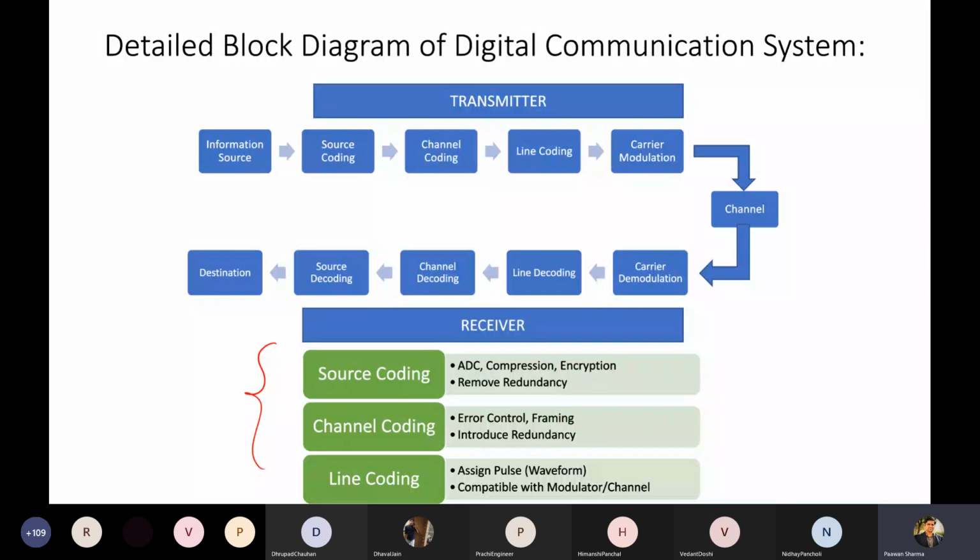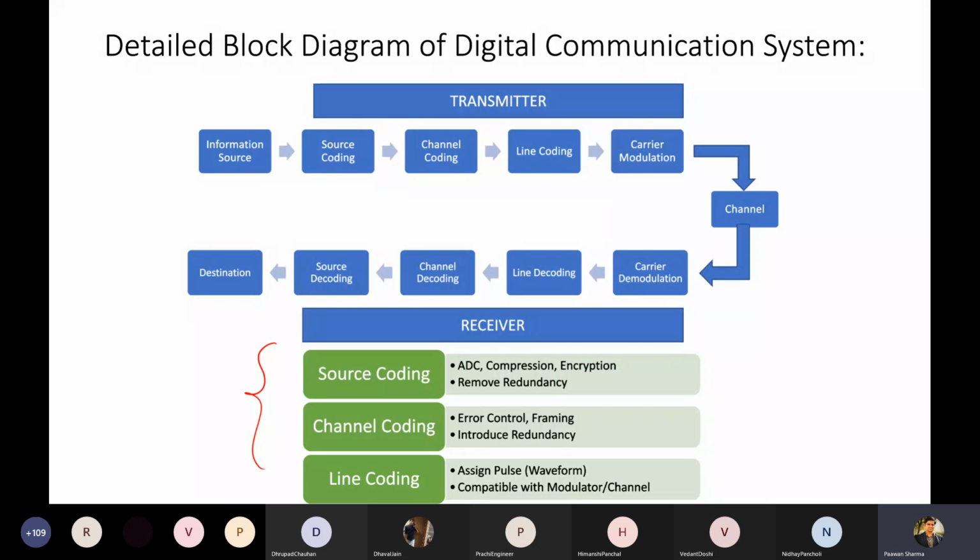Now introduction of redundancy means addition of redundant bits to your actual data. What will it do? The probability of error occurring on your actual data bits will be less. The probability of those redundant bits getting affected by noise will be there. So they will take a part of the blow which might be given by the noisy signal.